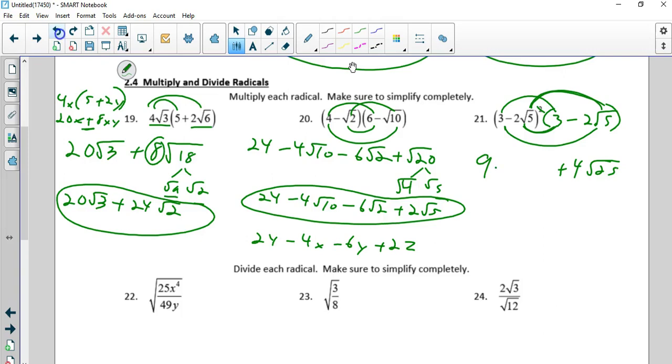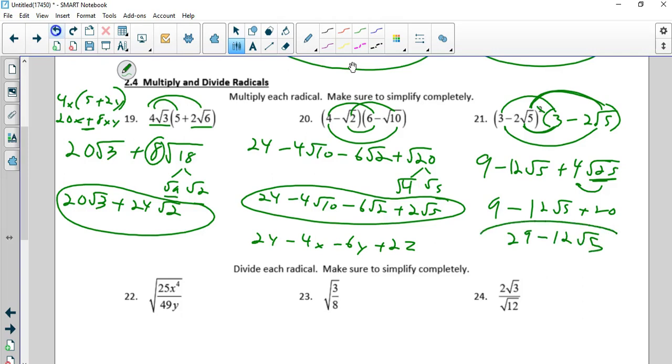So it's going to be negative 6 double, negative 12 radical 5. This is going to simplify to 5. Times 4 is 20. So in baby steps, we have 9 minus 12 radical 5 plus 20. 20 plus 9 is 29. Oopsie. 29 minus 12 radical 5. And there we go.